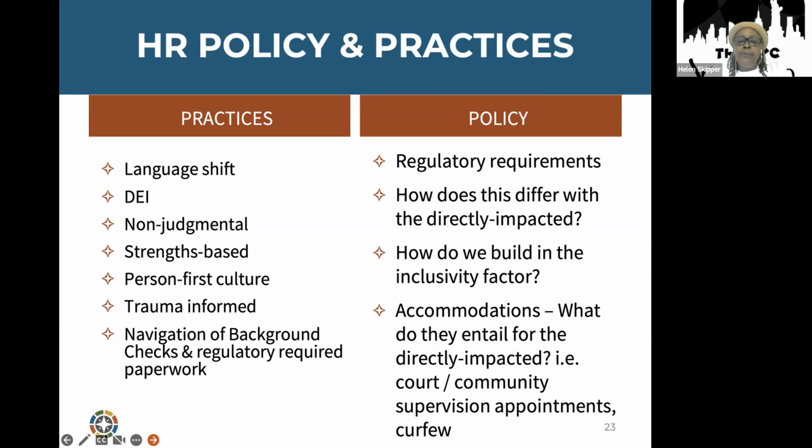We're using a person-first culture. Again, the pathway we're building. We're building in the inclusivity factor because we want to include everyone. Back to the trauma-informed, because that is the overall arching atmosphere.